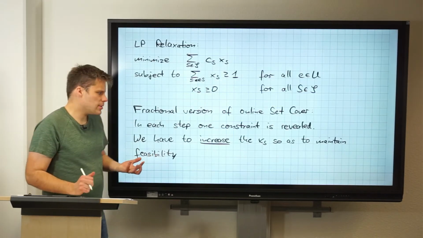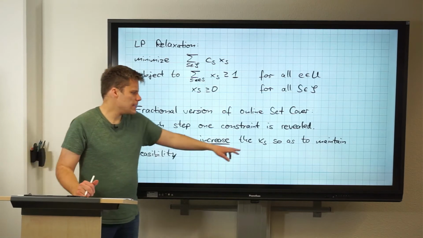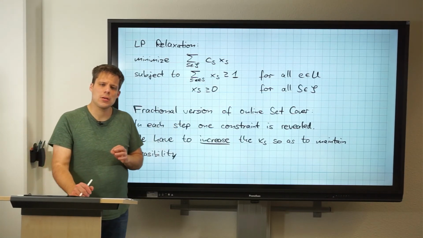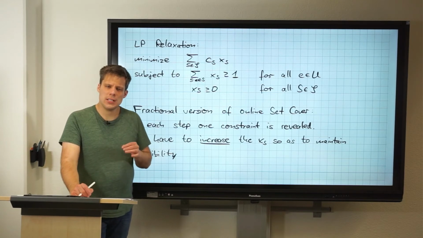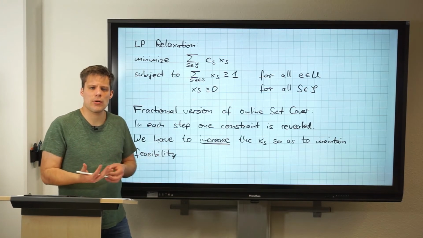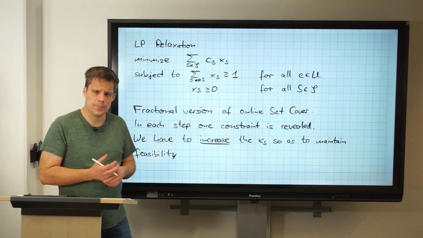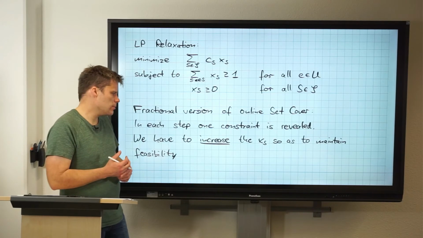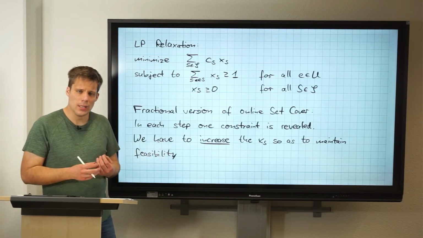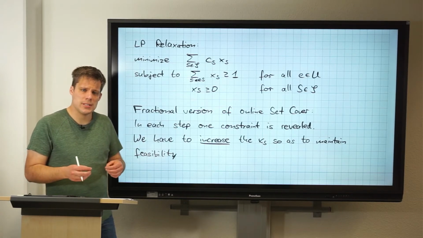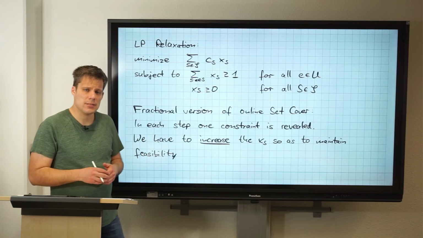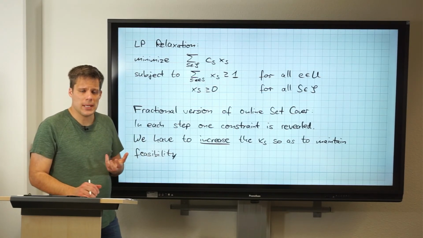Ideally, of course, we would want to maintain the x_S's also so that they are integral, because that would correspond to a solution to our online set cover problem. And there also increasing is exactly what we mean, namely we cannot revert a decision to have taken a set, so every set that has been taken so far has to remain taken.